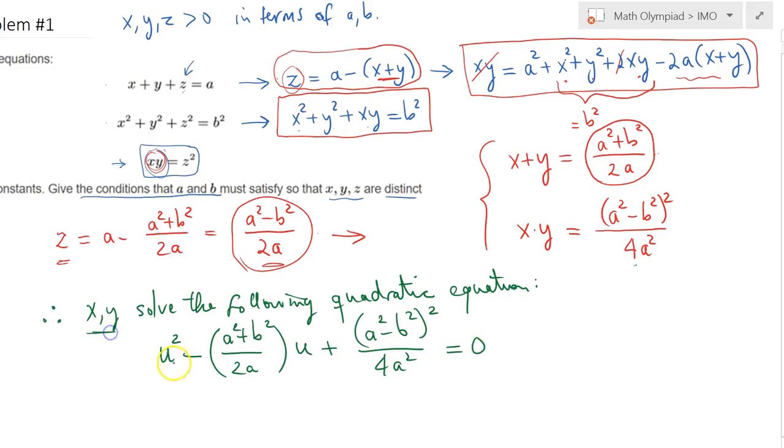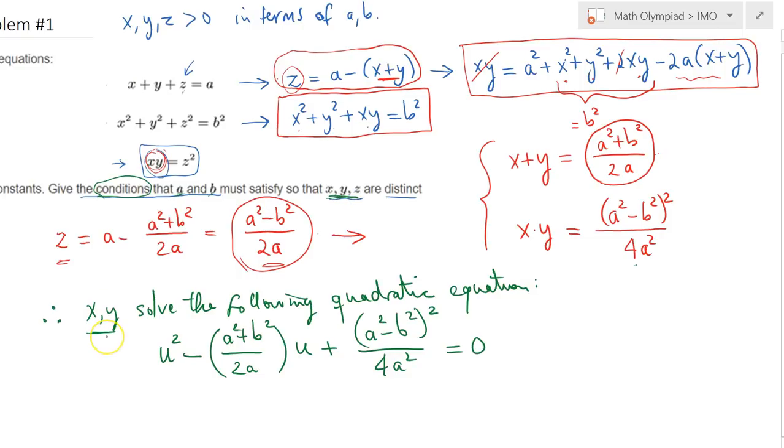So x and y are the two roots, you can call them u sub 1 and u sub 2, of this quadratic equation. Now we can start the careful work. We need to figure out the conditions on a and b that would make x, y, and z distinct.